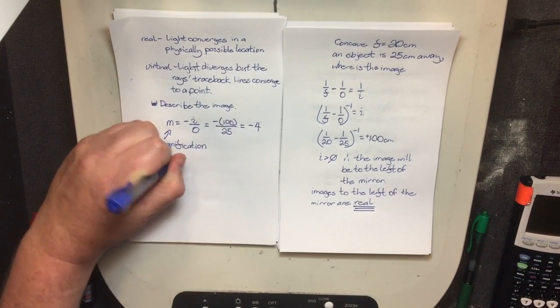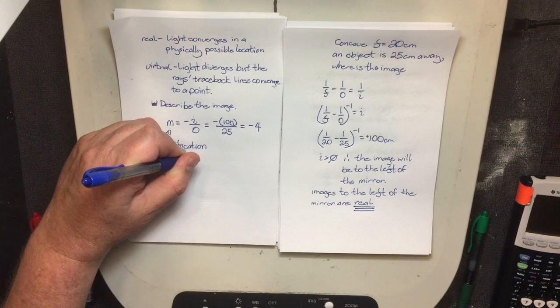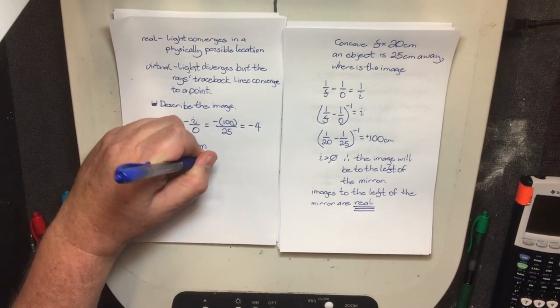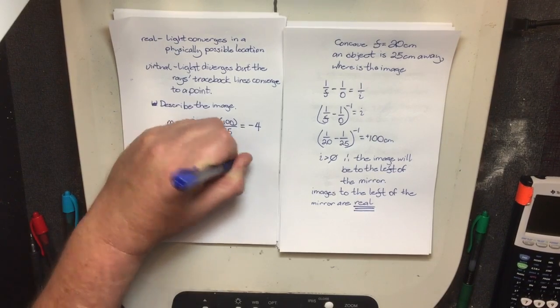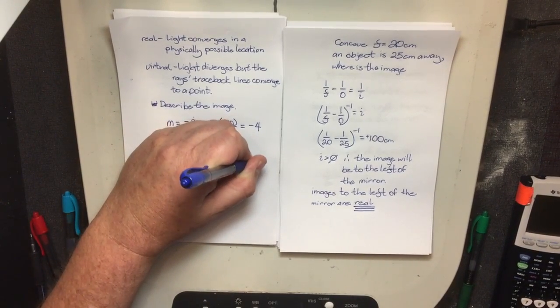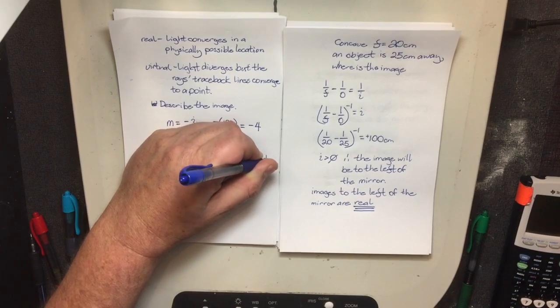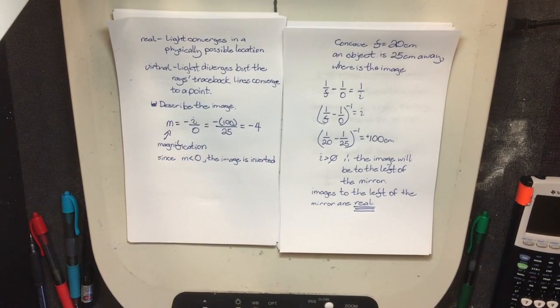Since M is less than 0, the image is inverted. The image has been flipped.